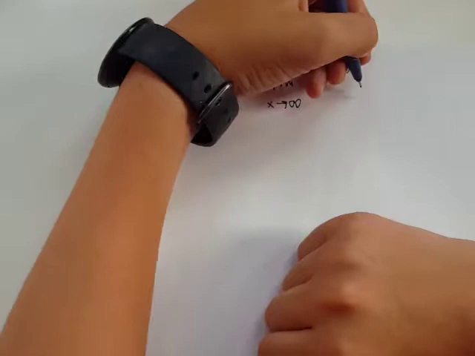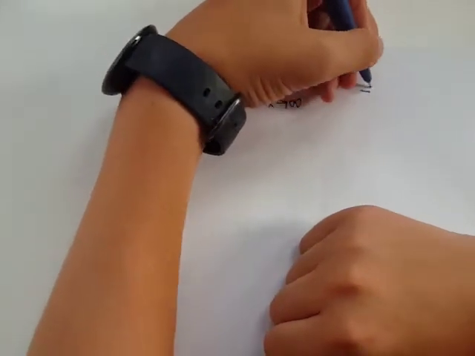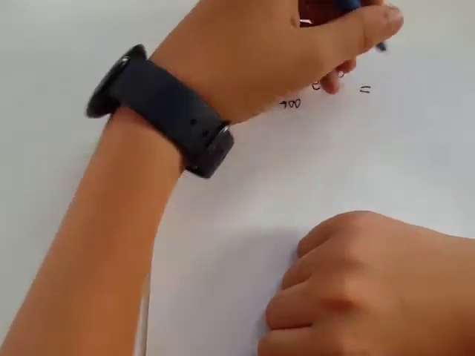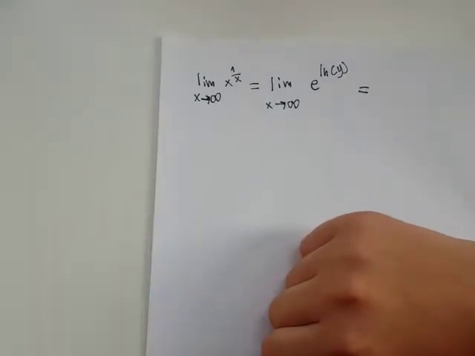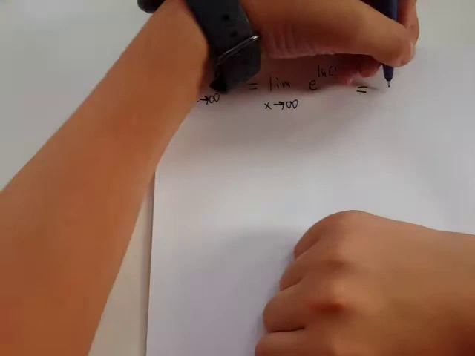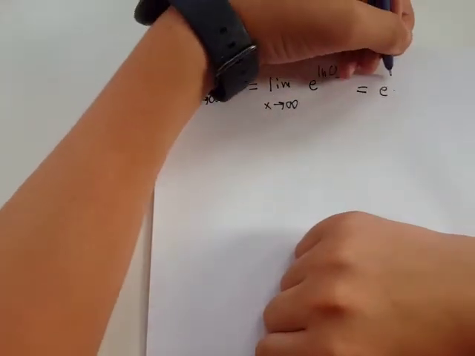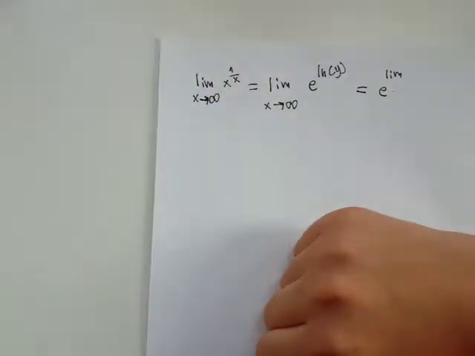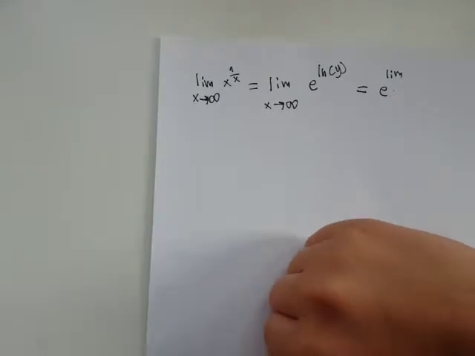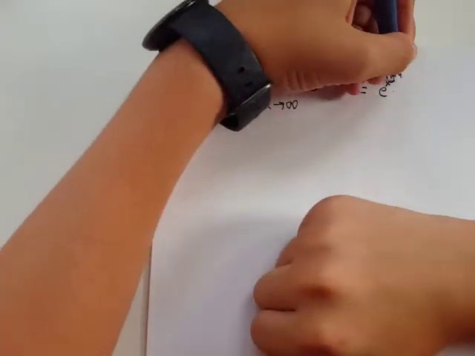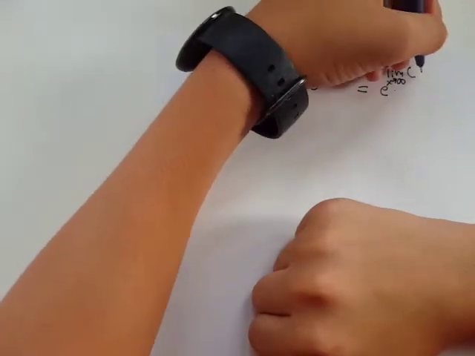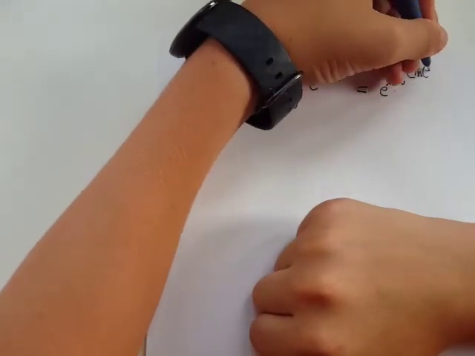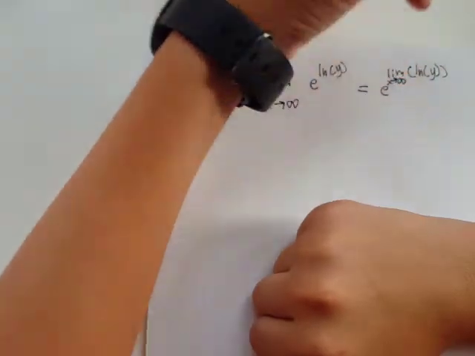And you can see that this is the same thing as e to the power of the limit as x approaches infinity of natural log of y.